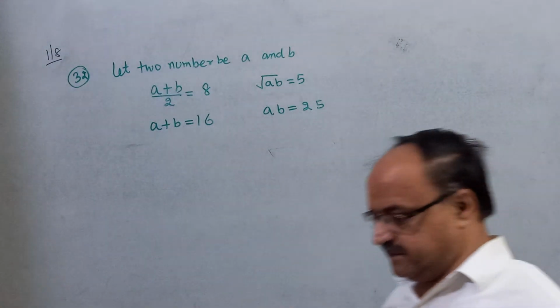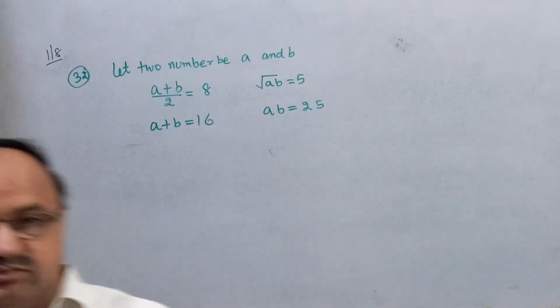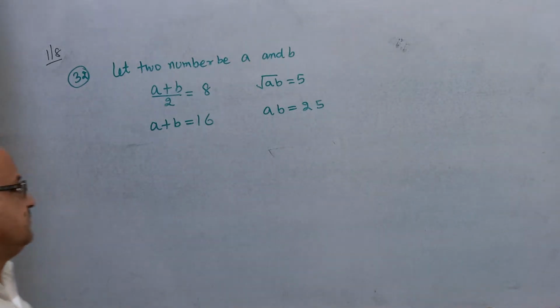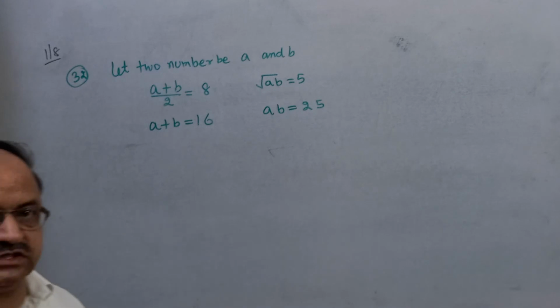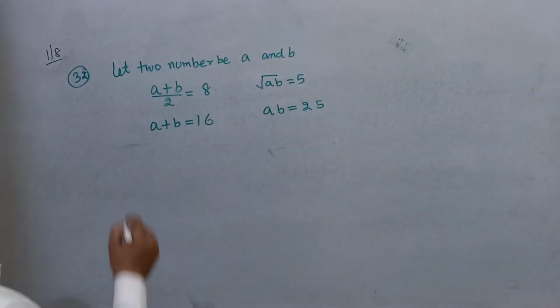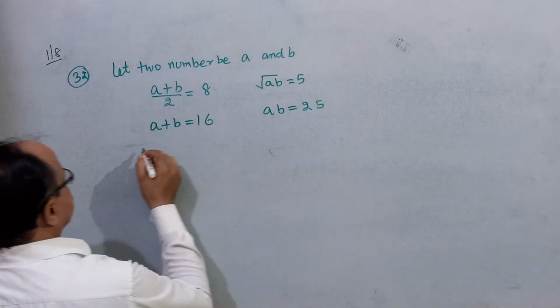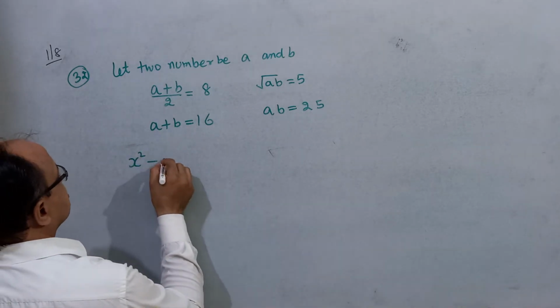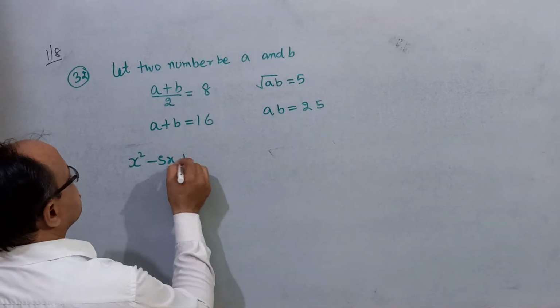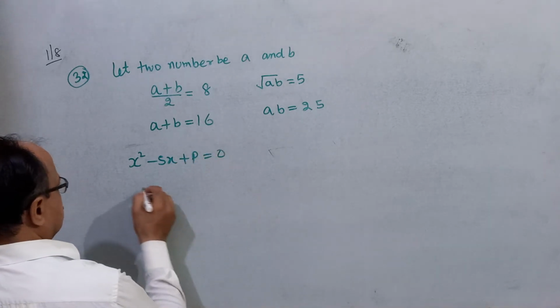Now, let a and b be the roots of the quadratic equation. Therefore, the quadratic equation standard formula is x square minus Sx plus P is equal to 0.